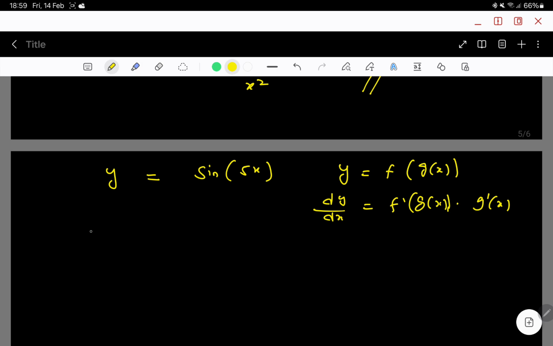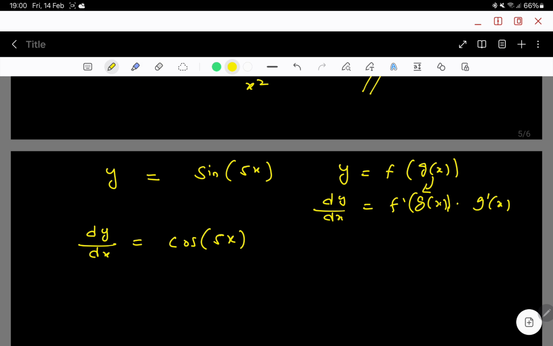So dy by dx equal to, first differentiate f. So f dash of g of x. Okay. We write g of x inside of this f dash. Similarly, differentiation of sine is cos pi x. Next we differentiate pi x.